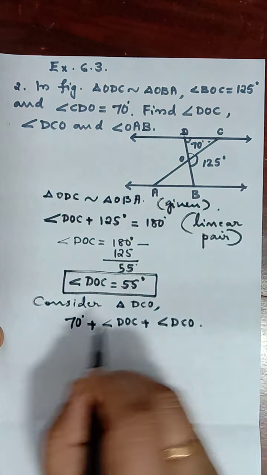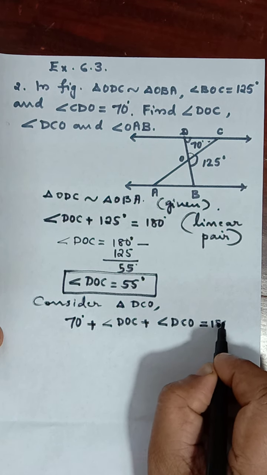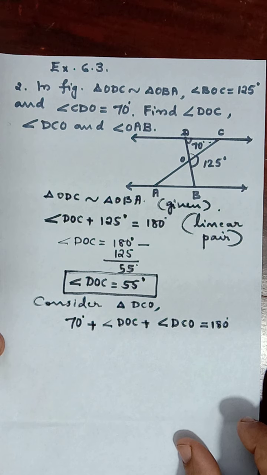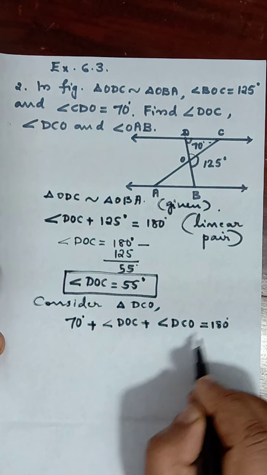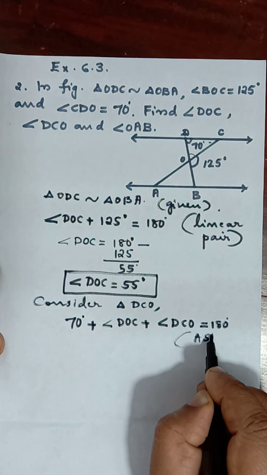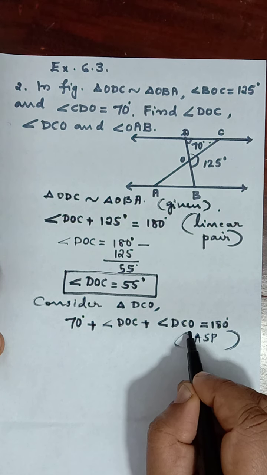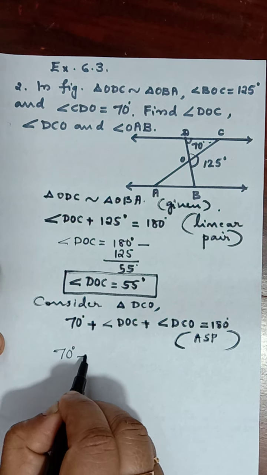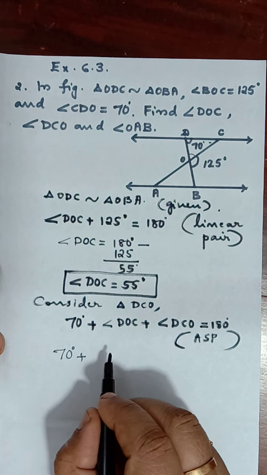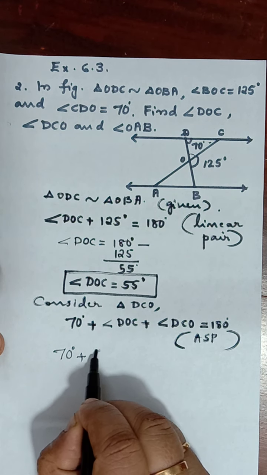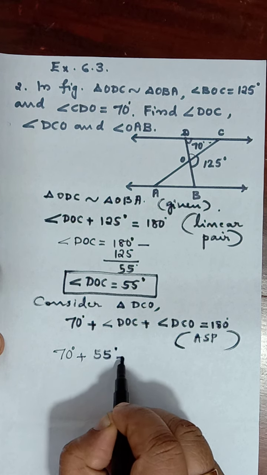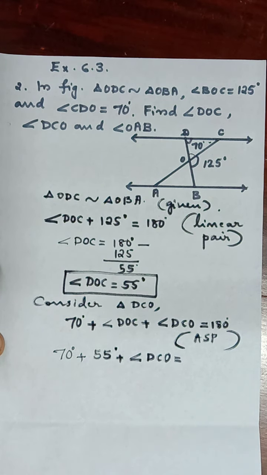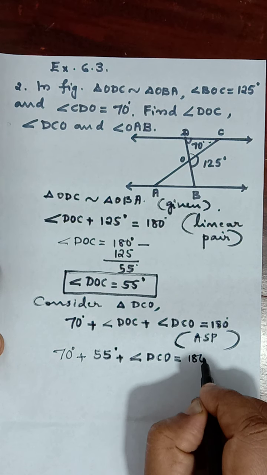This is DCO, third angle, equal to 180 degree. We can write it as angle sum property of triangle. Therefore, 70 plus DOC, DOC we have found out 55, plus DCO equal to 180 degree.